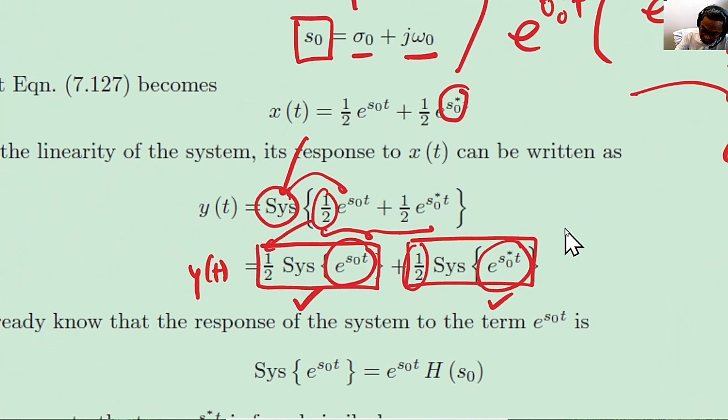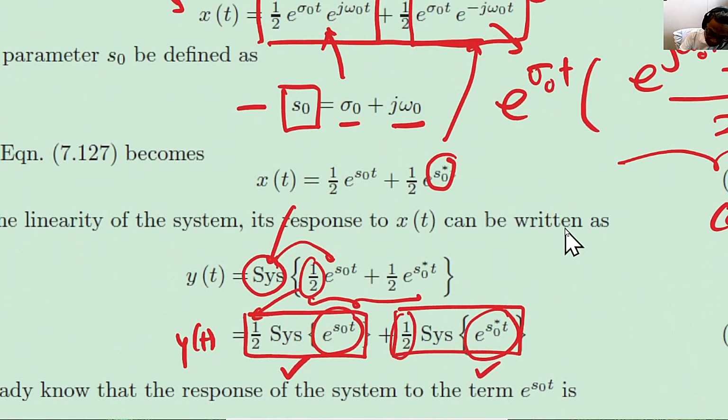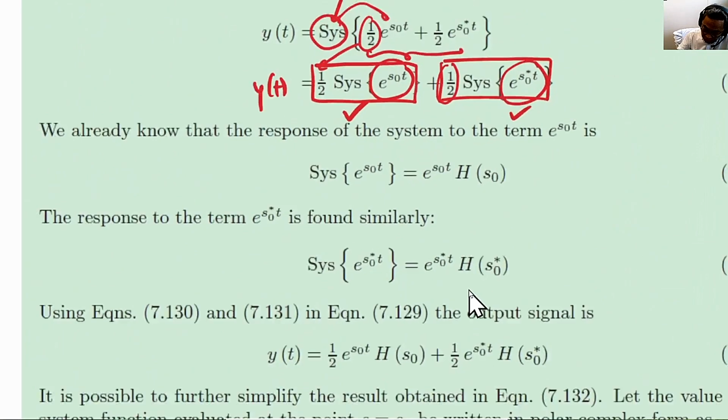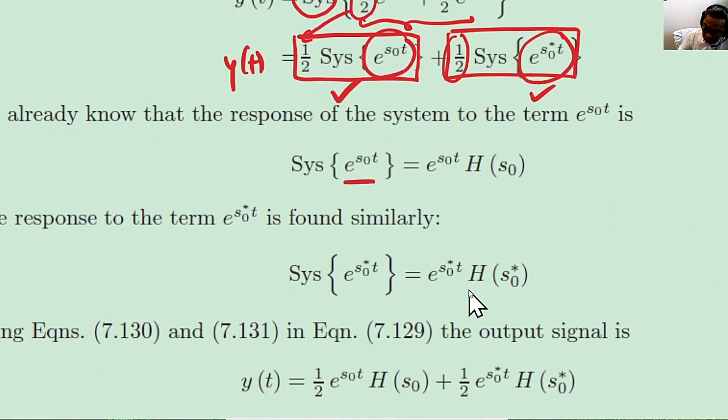What is s naught star? Remember that if s naught equals sigma naught plus j omega naught, s naught star, the typical expression, is sigma naught minus j omega naught, the complex conjugate of s naught. What you realize is that the system operating on e^(s naught t) will get H(s naught), and the system operating on e^(s naught star t) will get H(s naught star).